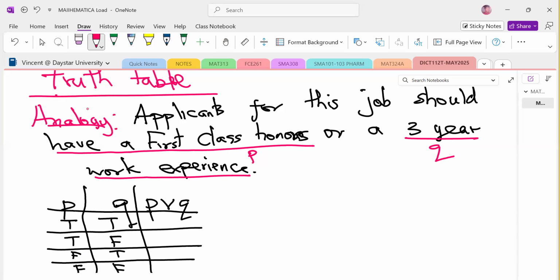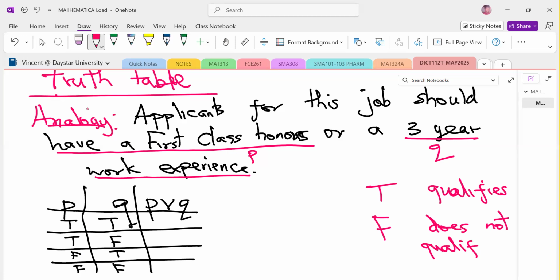Then our interest here, this last column, we will put T if the applicant qualifies for the job, and we put F if the applicant does not qualify. So that's how we are going to interpret this. I want you to help me interpret the first line.